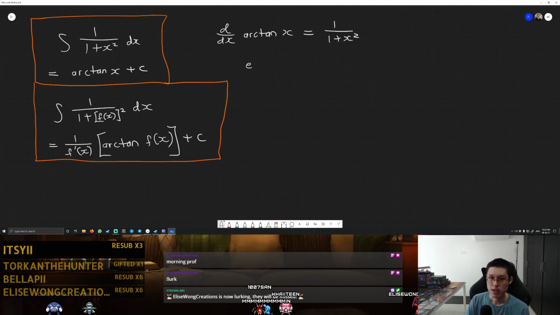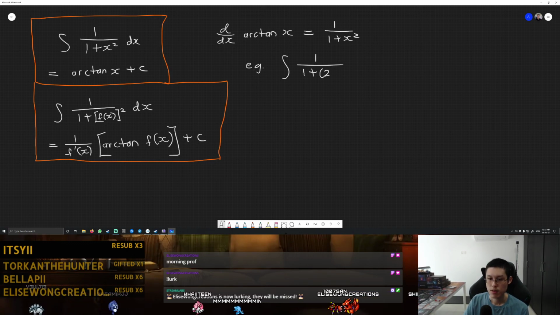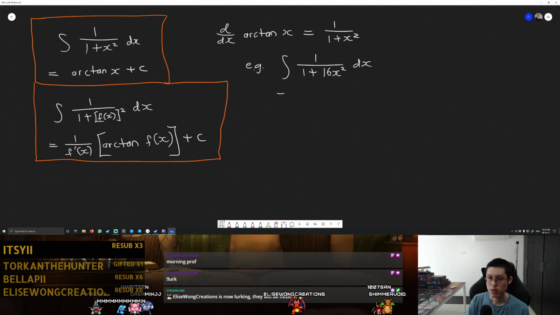All right, let's do some examples. Let's say we have integrate 1 over 1 plus 16x squared. Okay, so this one you can actually rewrite as 1 over 1 plus bracket 4x squared.